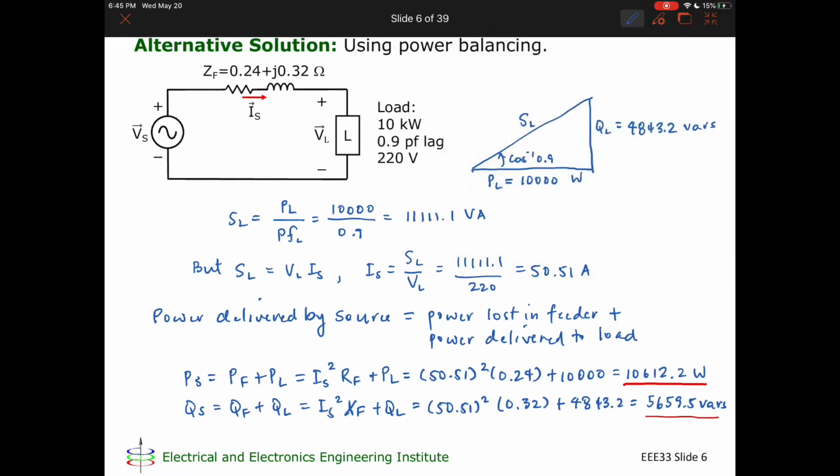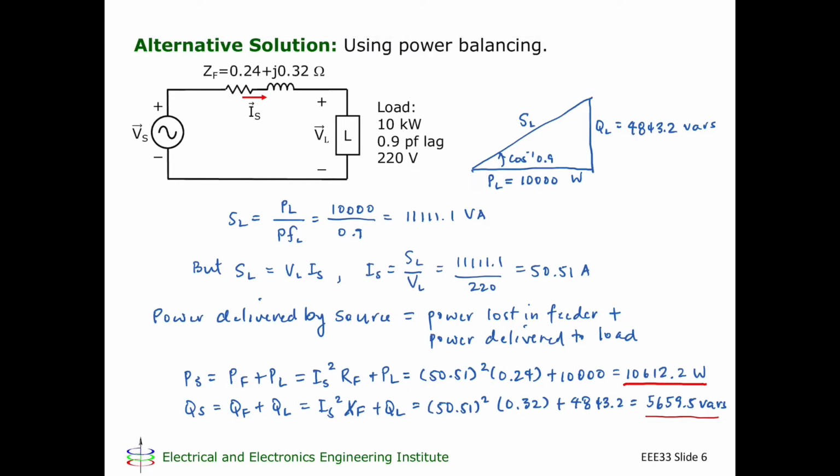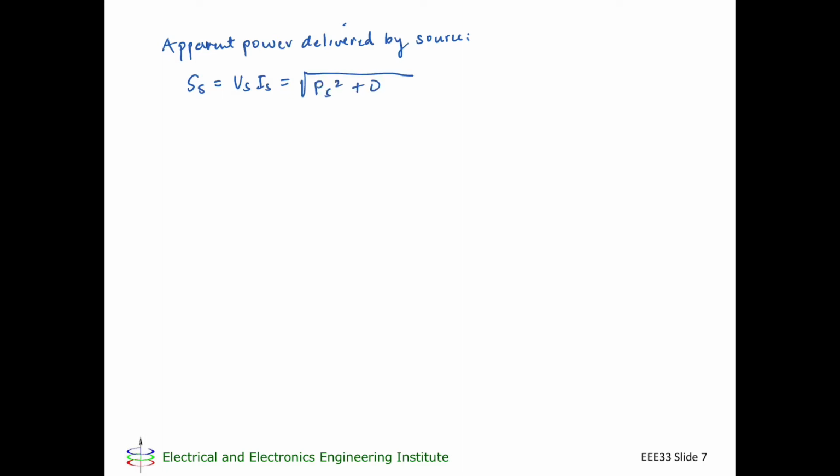So what is remaining is I need to know what the source voltage is. I can do that because I can compute the apparent power delivered by the source. S of S, again, this is not a phasor, this is a scalar quantity, is V of S times I of S, which is the square root of P of S squared plus Q of S squared.